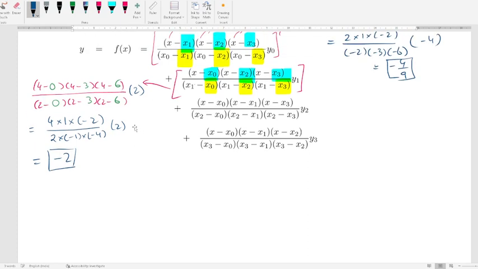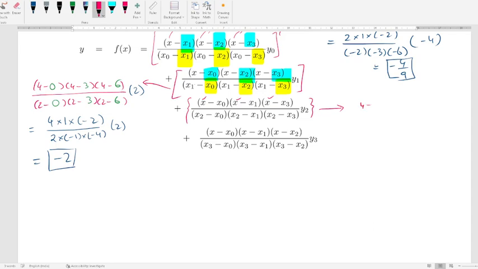Now we will calculate this term. I'm putting curly braces around it. Looking at this value, again there is an x here, an x here, and an x here. We know that x is 4.